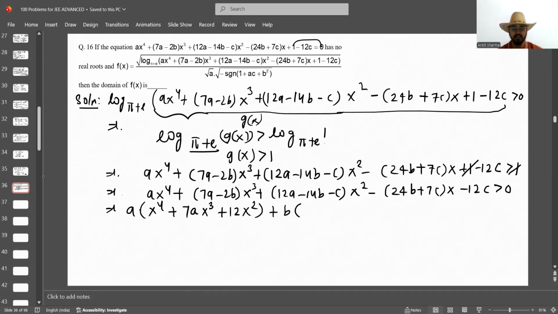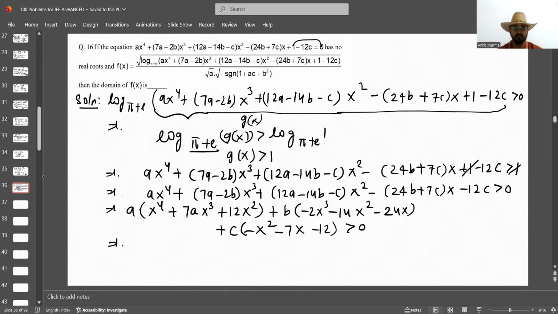Now let's collect b. b will give me minus 2 x cube, minus 14 x square, and minus 24x. I've collected b. The next target is to collect c. So c will come with minus x square, minus 7x, and then minus 12. This is more than 0.